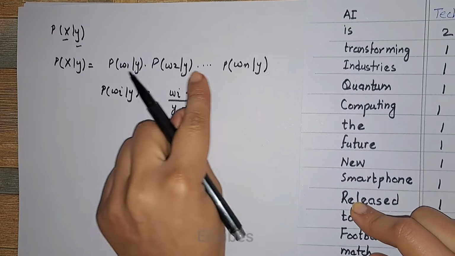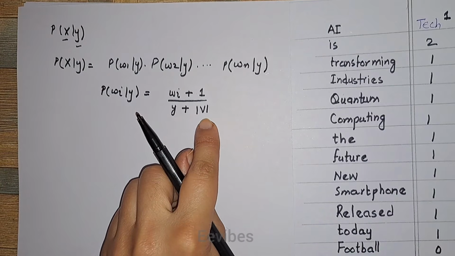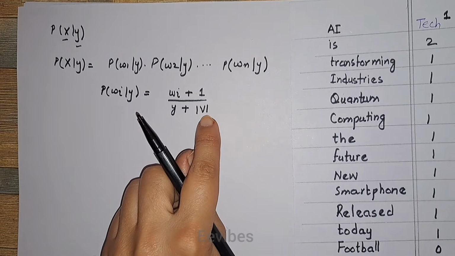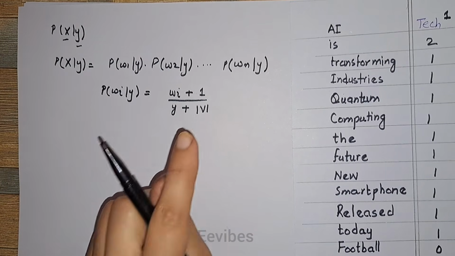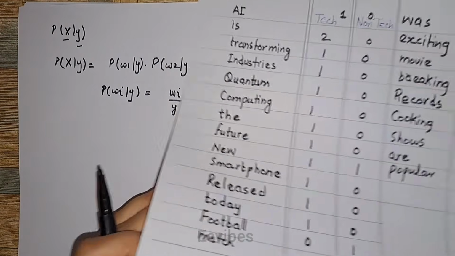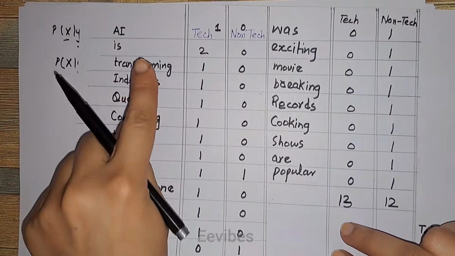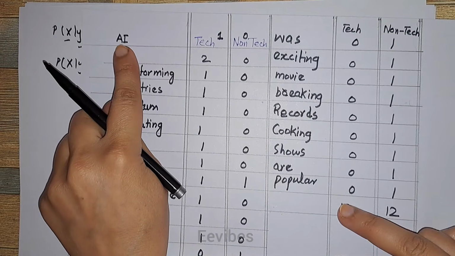Why are we doing that? This is known as Laplace smoothing. Laplace smoothing adds plus 1 to avoid zero probabilities for words that are not seen in the training data. What does it mean? Assume we are going to calculate the probability of the first word, AI.